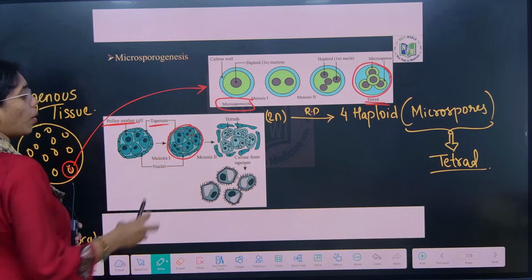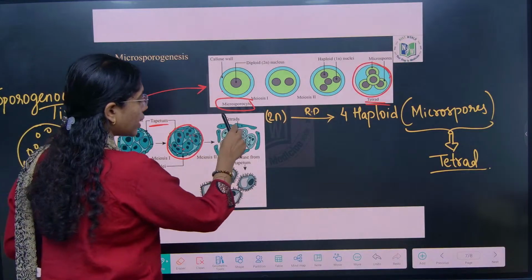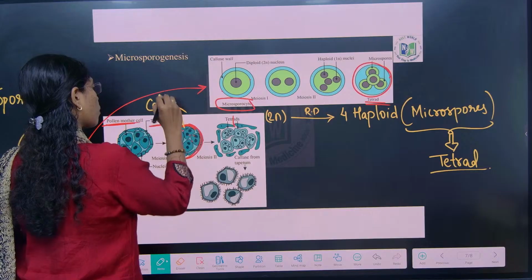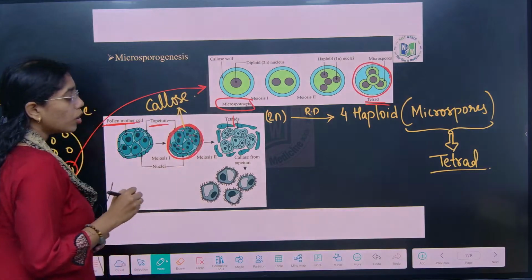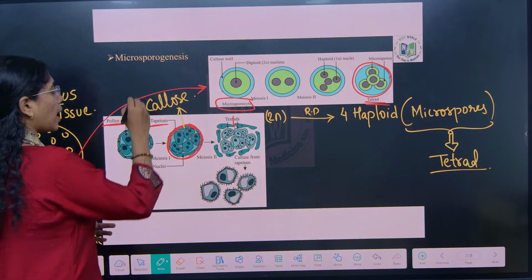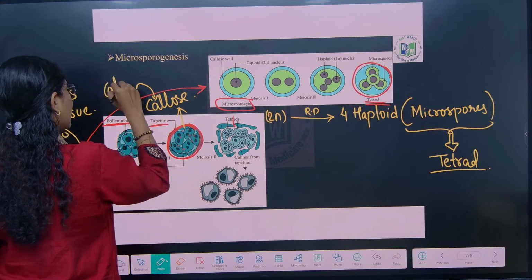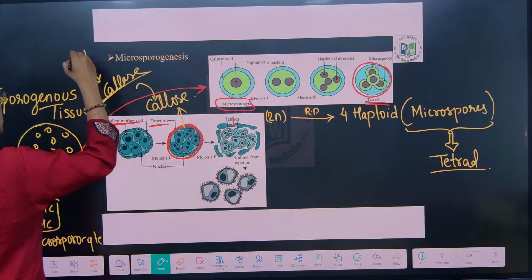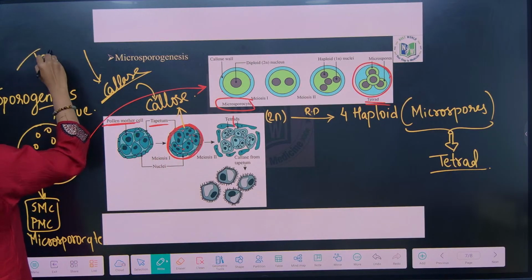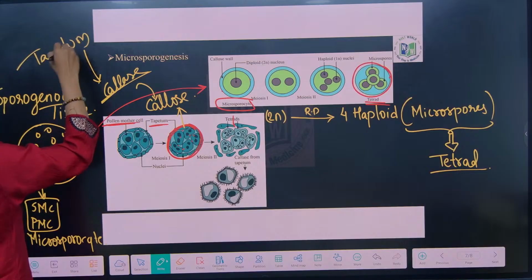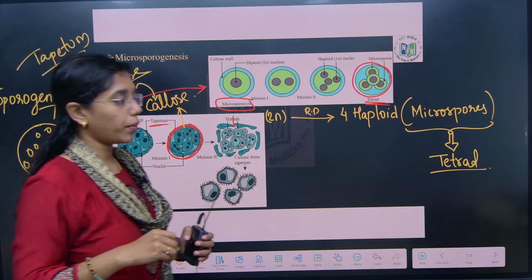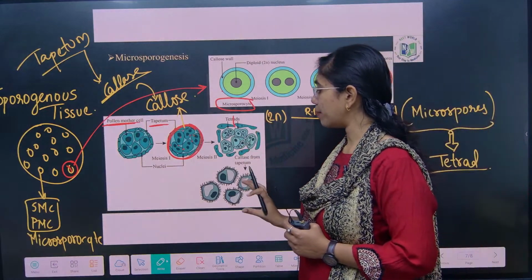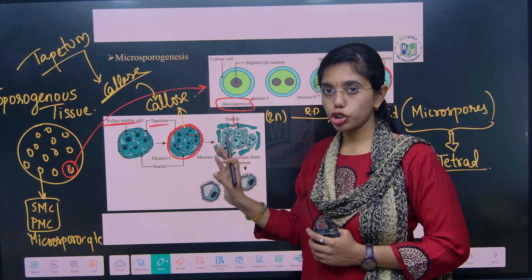They are surrounded by the callose wall layer. To dissociate the callose wall layer, an enzyme action is required, that is callase. This callase enzyme is also secreted from the tapetum, which degrades the callose wall layer, and the microspores are liberated into the sporogenous tissue.